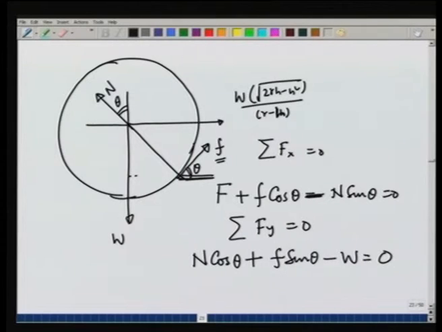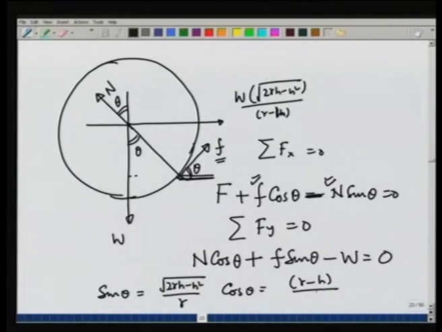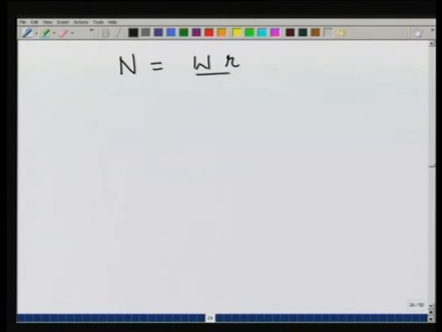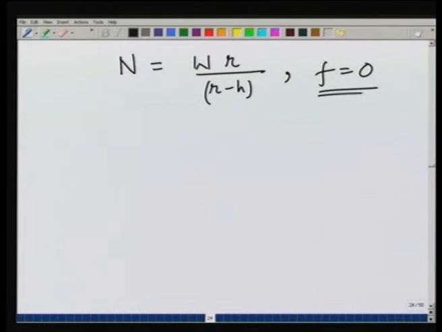These two equations are enough to determine small f, the frictional force, and the normal reaction N. Here, since this angle is theta, you can see that this angle is also theta, and therefore, sin theta is nothing but square root of 2 R h minus h square over R, and cosine theta is nothing but R minus h over R. If we substitute these values in the equations, we find N is equal to W R over R minus h and f is equal to 0. So, this is a very special case where to take the roller over the step, you do not really need any frictional force on the edge.